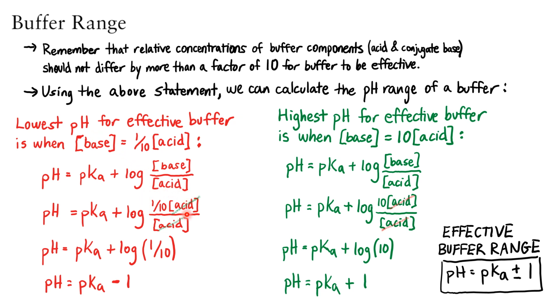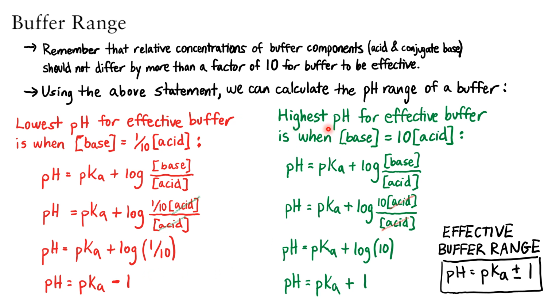Now, when I plug this in, notice what happens, right? The acid concentration cancels, and now you're taking the log of 1/10, which is just -1. So this is showing you that when your base concentration is 1/10 of your acid concentration, you get that the pH is equal to pKa minus a factor of 1.